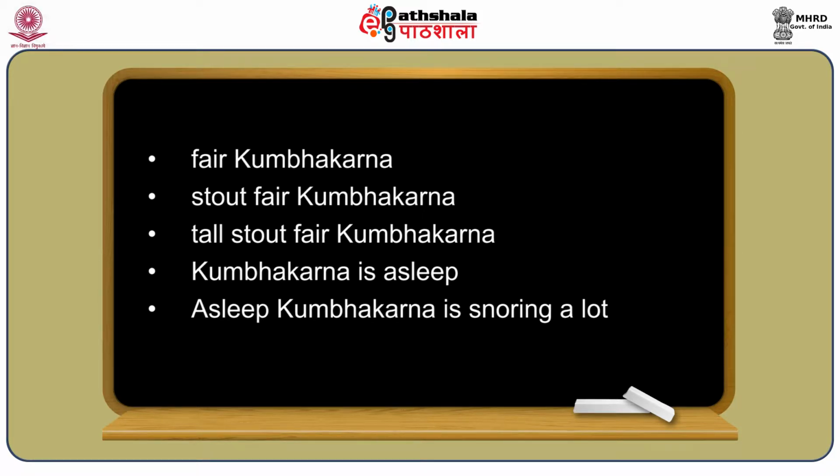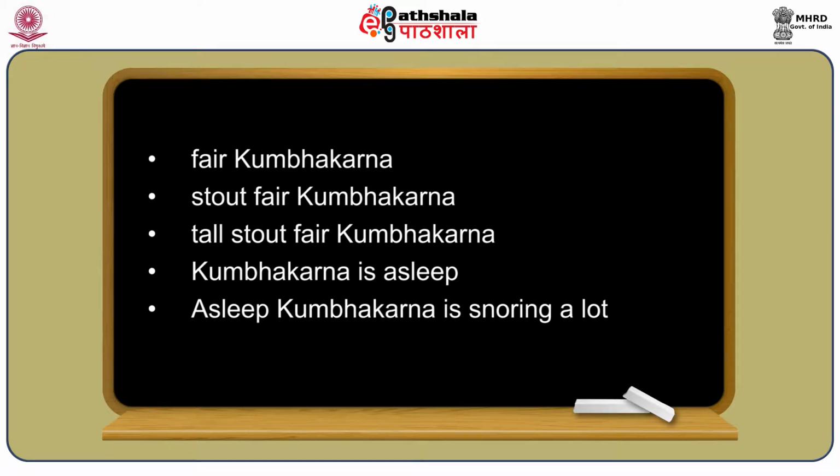Some adjectives can occur predicatively, but not attributively. These are words like asleep, alone, awake, and so on. So you can say Kumbhakarna is asleep, but you cannot say asleep Kumbhakarna is snoring a lot.